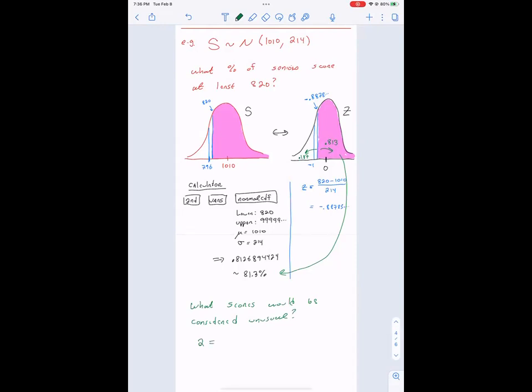So the question is, what data point in the original distribution would correspond to a Z-score of 2? So what I need to do is go back to my Z-score formula. What was my Z-score formula again? Data minus mean over the standard deviation. And solve this for my data points.